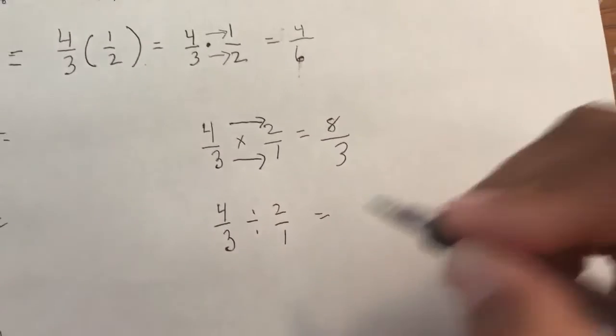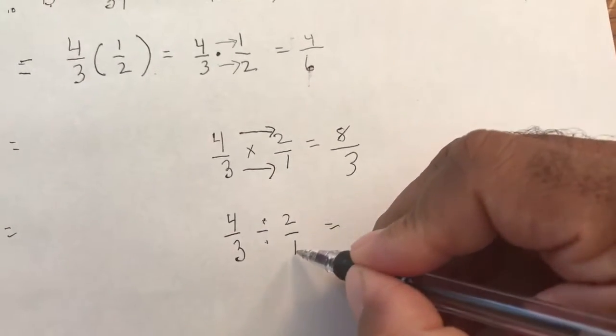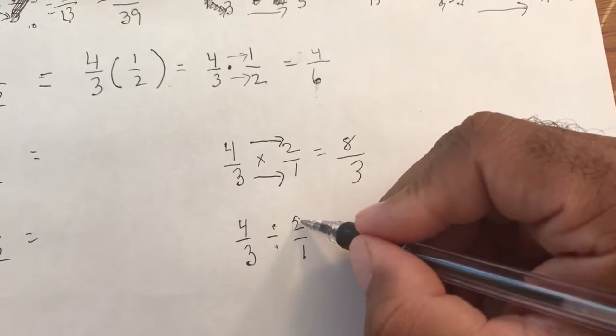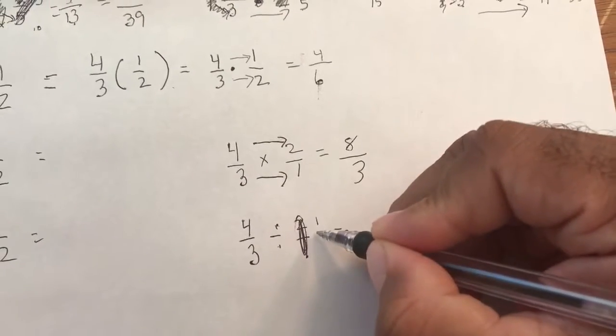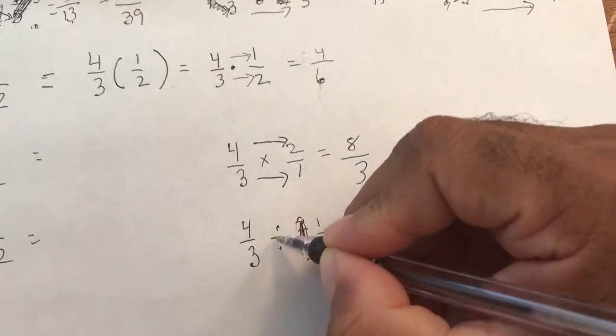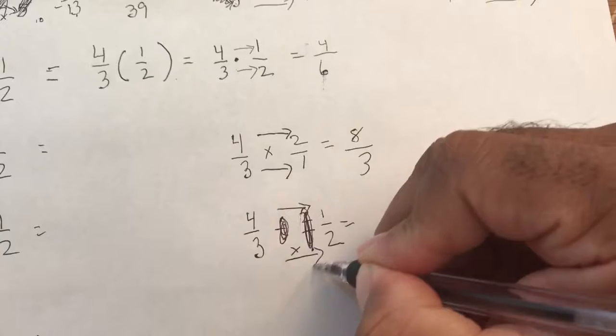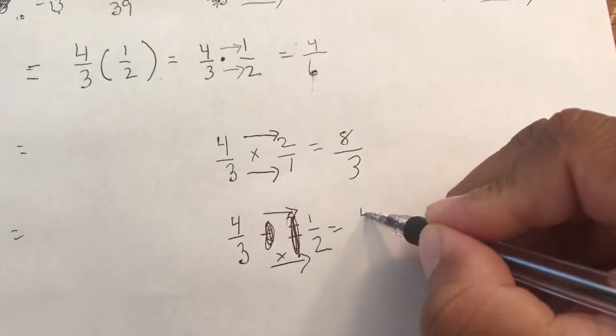Well, we want to change division to multiplication, so we just swap numerator and denominator, right? That's the pattern. We change this to multiplication, and then we can multiply across. You see the pattern that we're getting?